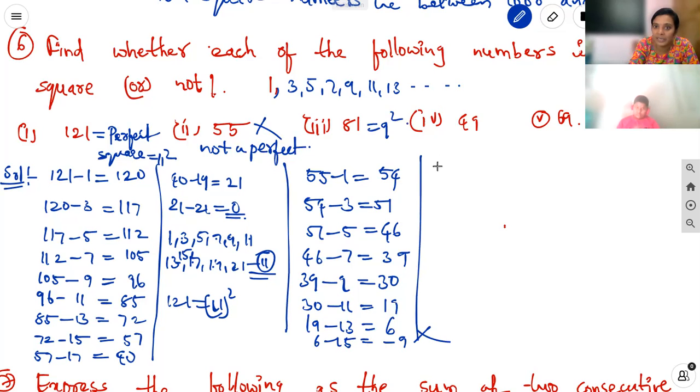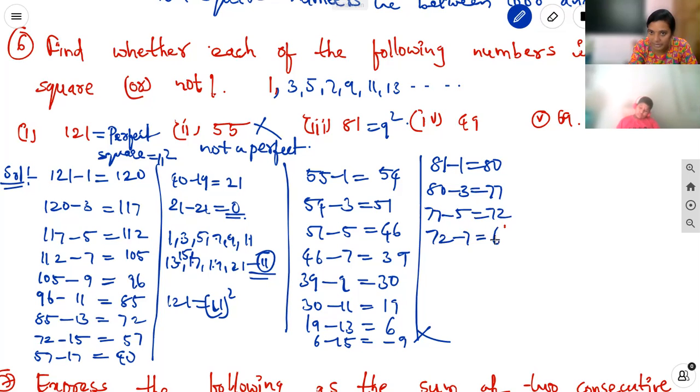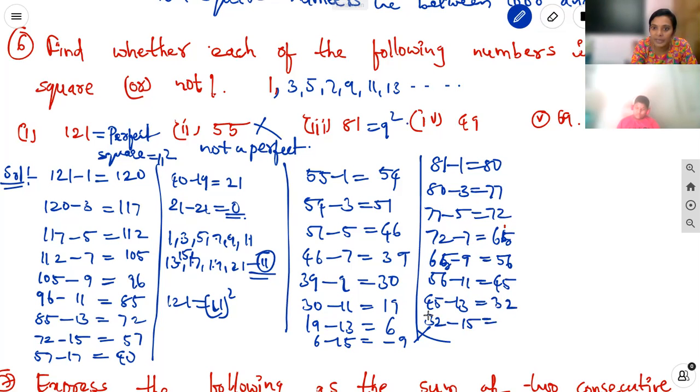We take 9 numbers. 81 minus 1 is 80. 80 minus 3 is 77. 77 minus 5 is 72. 72 minus 7 is 65. 65 minus 9 is 56. 56 minus 11 is 45. 45 minus 13 is 32. 32 minus 15 is 17. 17 minus 17 is 0.